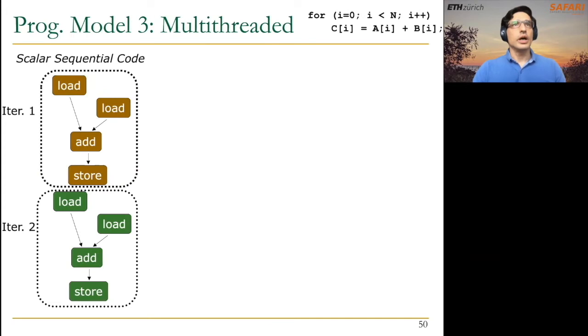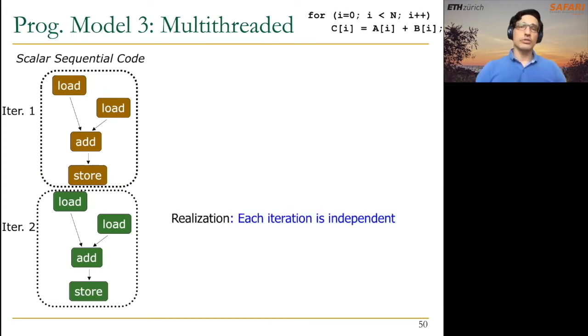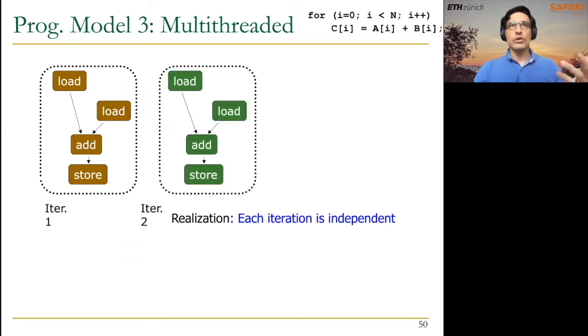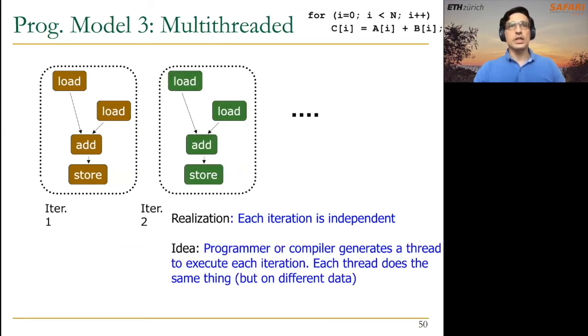So now the third programming model is the multi-threaded programming model. In the multi-threaded programming model, the realization is the same. Each iteration is independent. So instead of packing these different iterations in vector arrays and vector instructions, each of these iterations is going to be assigned to a thread of execution, right?